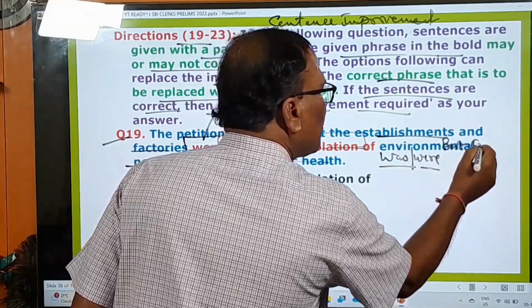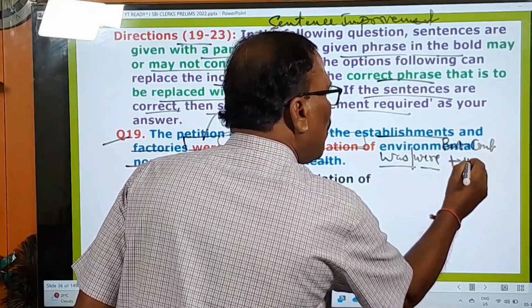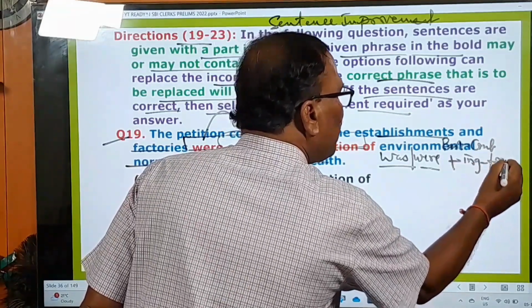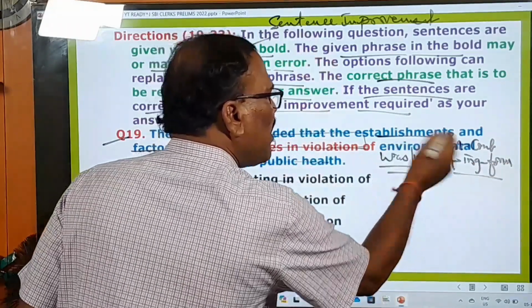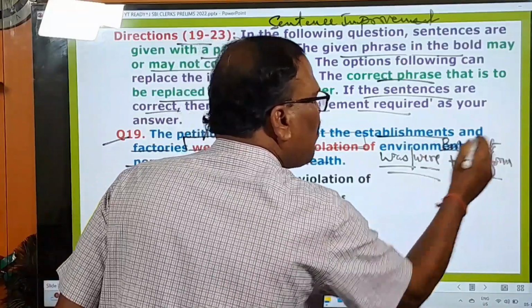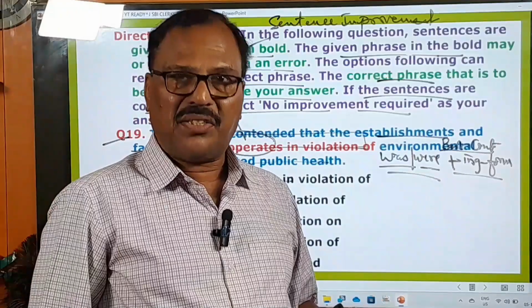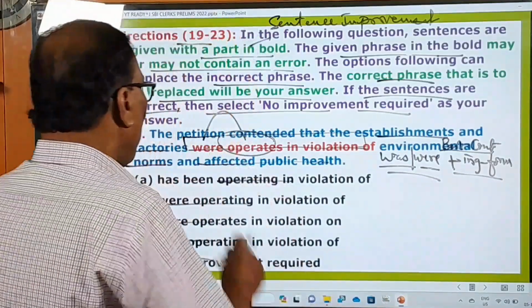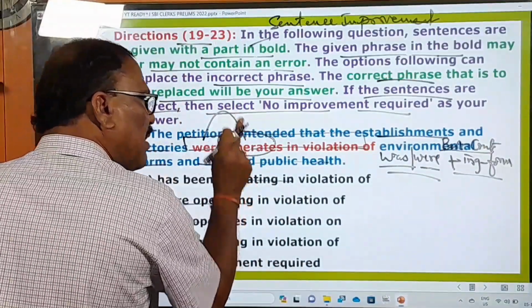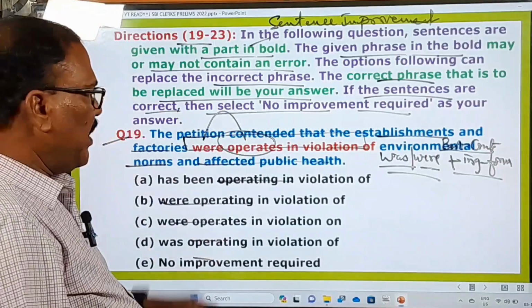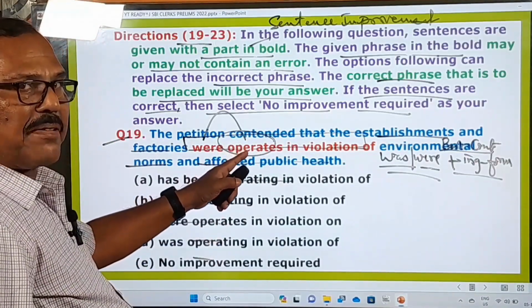After that, only an ing form verb must be used. Was plus ing form, were plus ing form. This is the past continuous tense. These two are the features of the past continuous tense. After 'were', you must use an ing form verb, but here a base form verb is given.